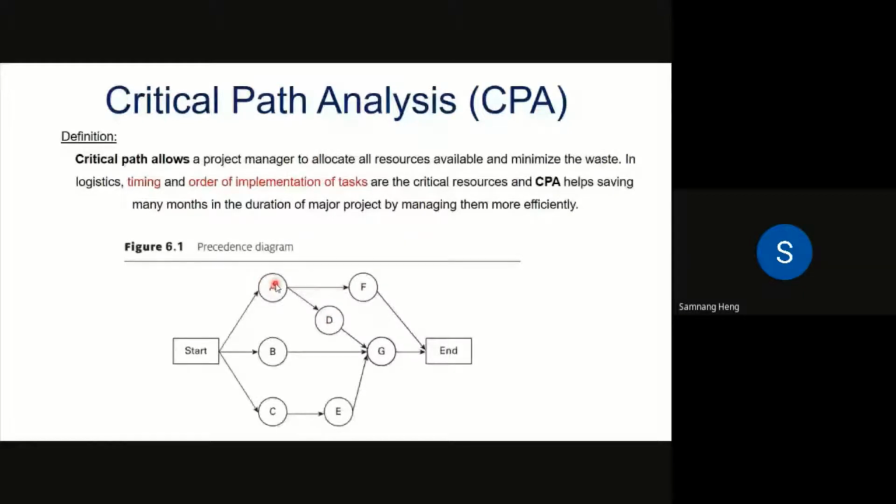G requires D and E to get done, so you want to start D and E, and D and E require A and C, so you need to start those first too. G also requires B, so you need to start it first.